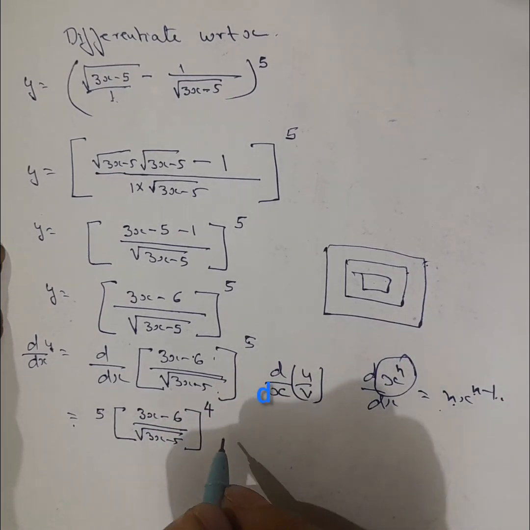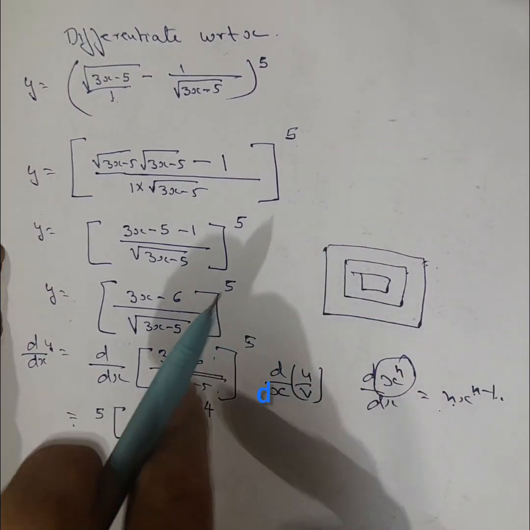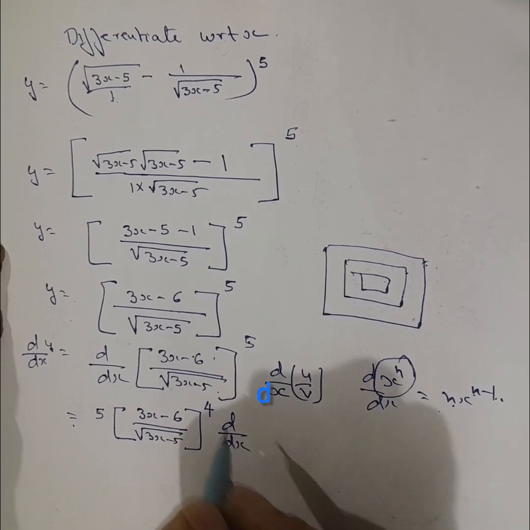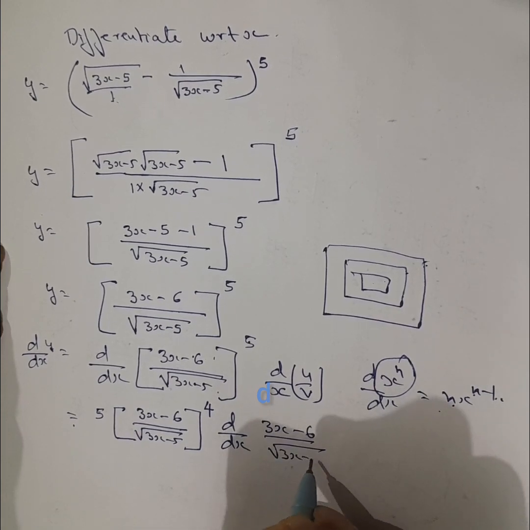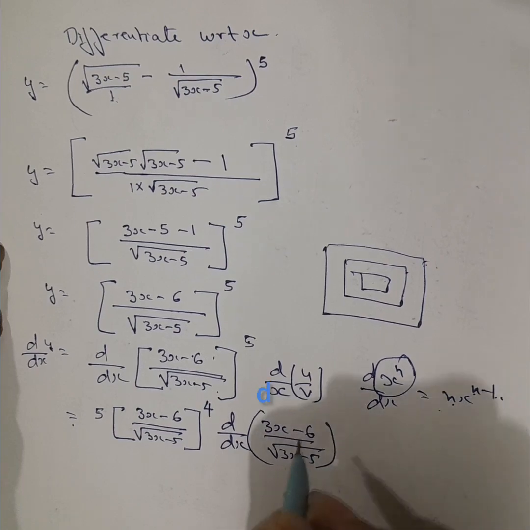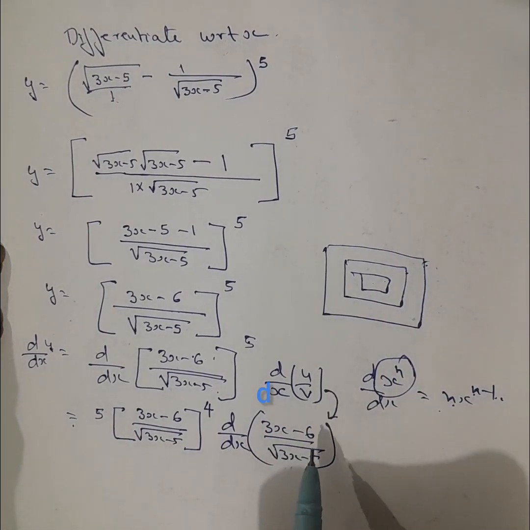And now we have got to also apply the chain rule. We have opened the outer packet, now we are going inside. So when we go inside, it is d by dx of 3x minus 6 upon root of 3x minus 5. Now when you see this, here comes the u by v rule.